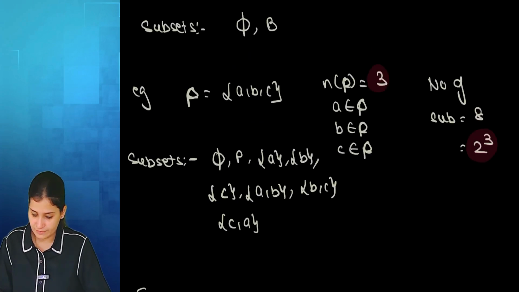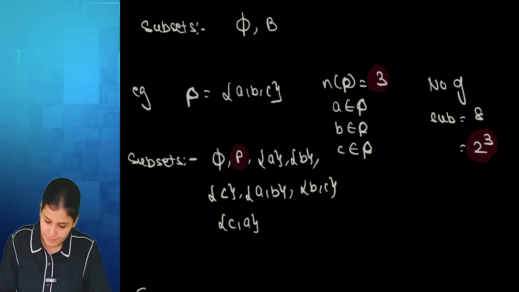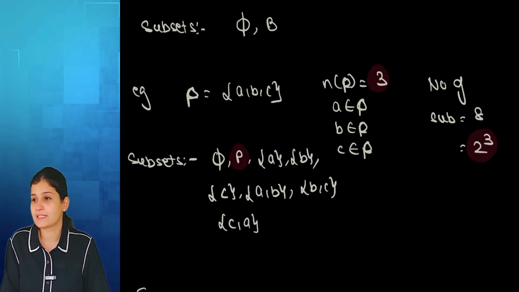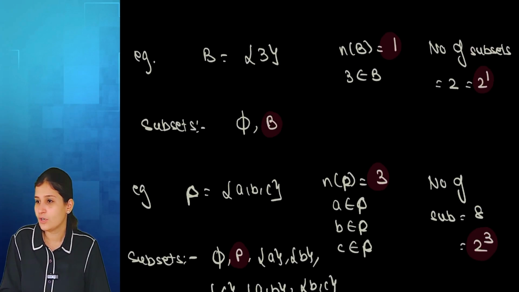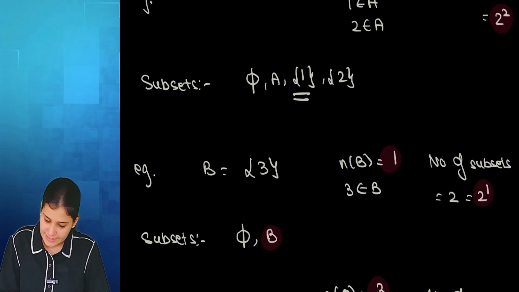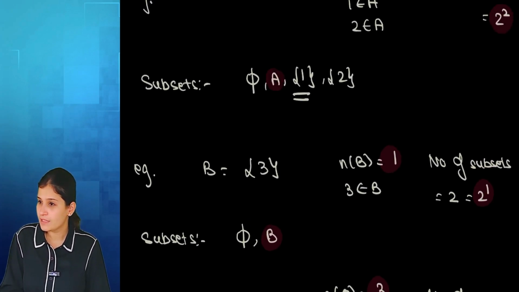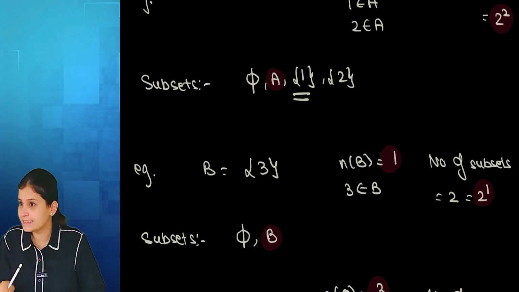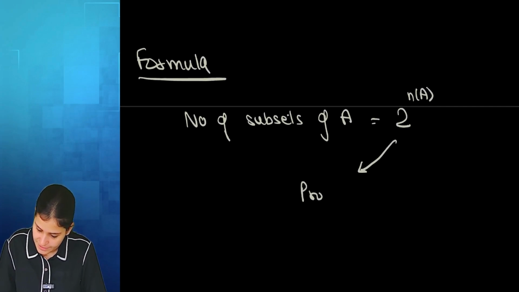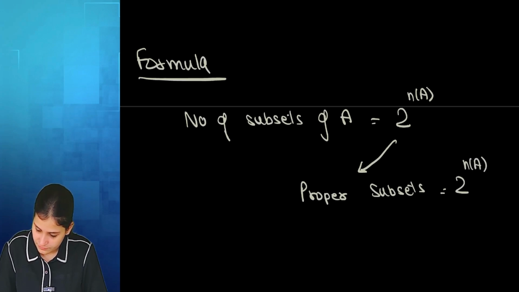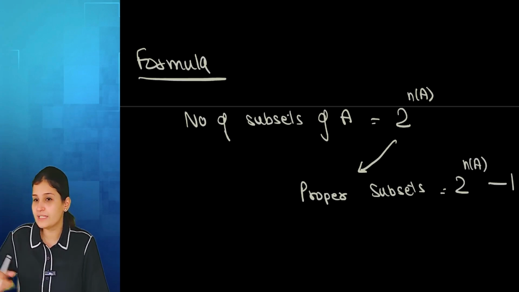Now if you see, except P, all are proper subsets, all are smaller. Here, except B, all are proper. Except A, all are proper. So except 1, the set itself, all the other subsets are proper. So out of these, how many proper subsets will there be? Everything except 1. Remove the set itself.